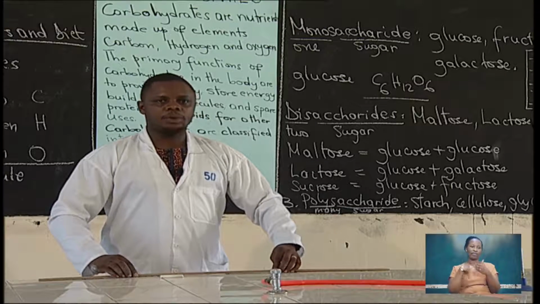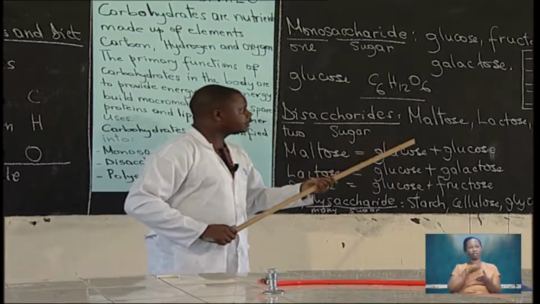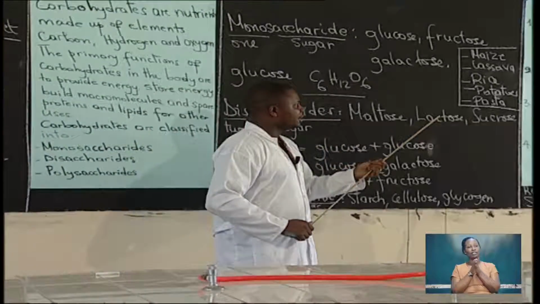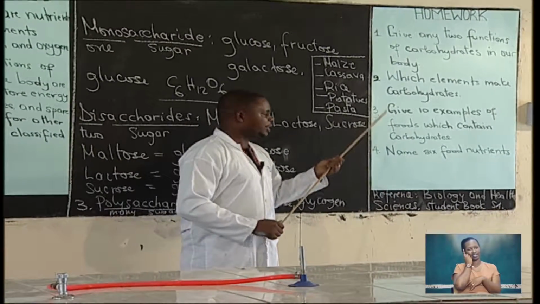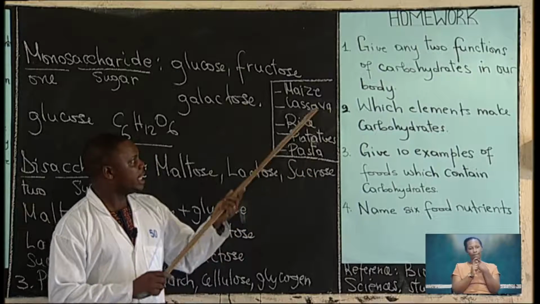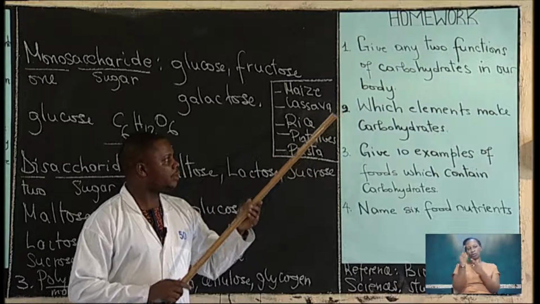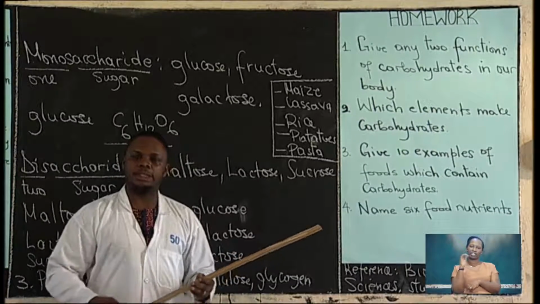Before we wind up or we end our lesson today, here we have homework. And to test your understanding, you can do these questions. The first question is, give any 2 functions of carbohydrates in our body. Why do we need carbohydrates in our body?